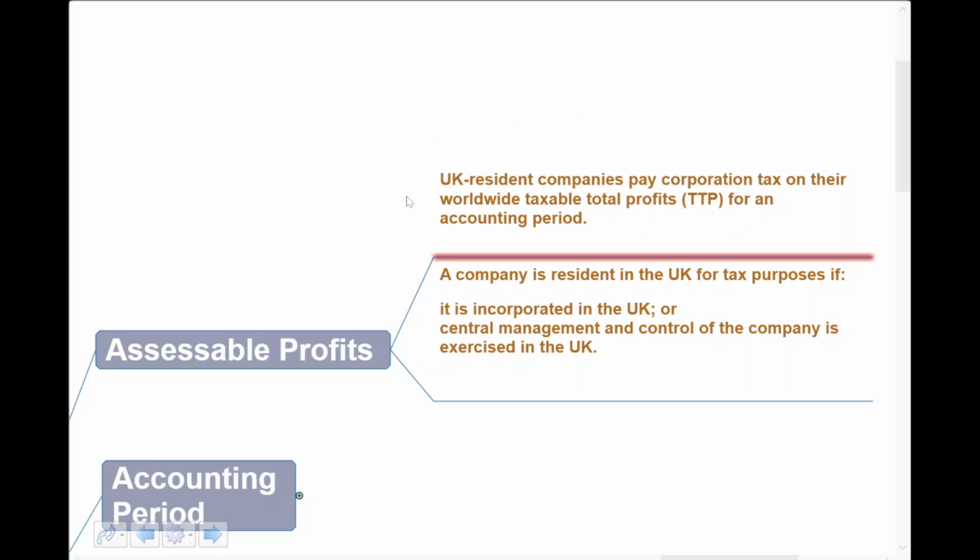Well, first things first: a UK resident company pays corporation tax on, note, worldwide taxable total profits for an accounting period. So if you are classed, as we'll see in a moment, as UK resident and you have income in any country, then that amount of profits is going to be included in your TTP, bar none.